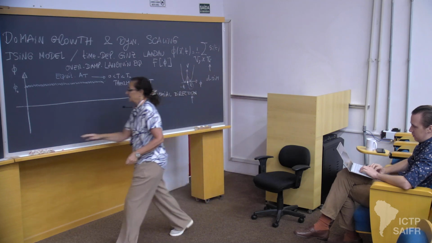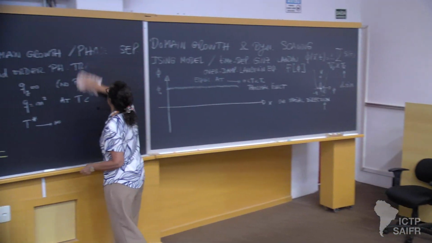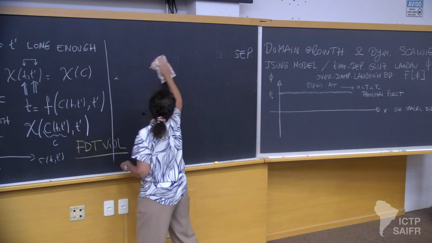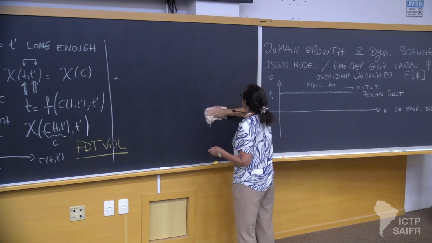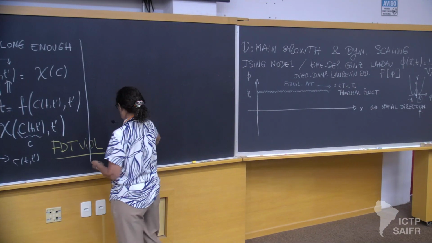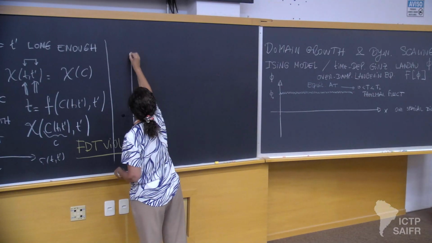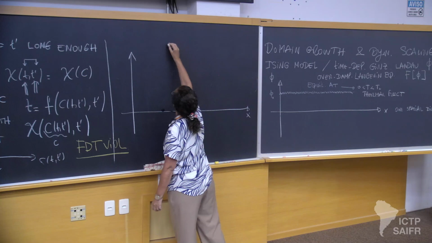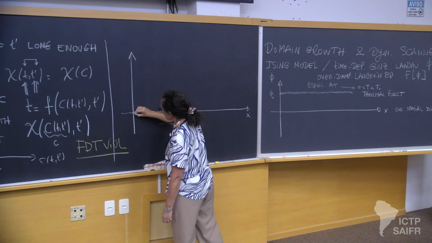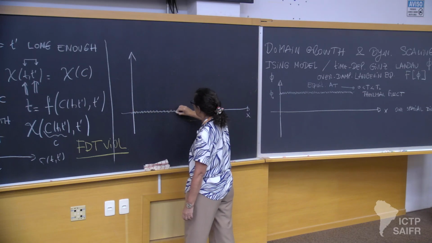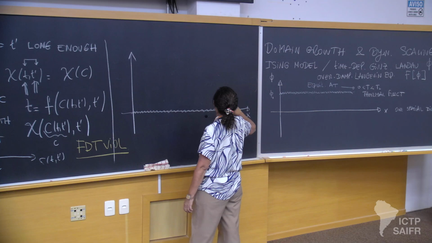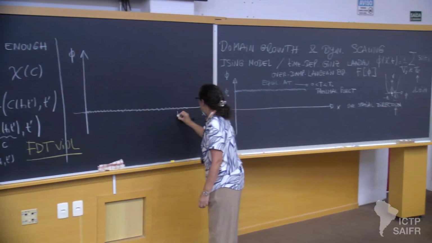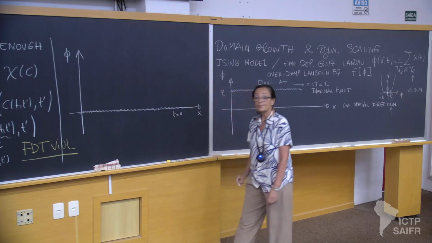So let's do it in the other panel here. If I start from a random initial condition, at the initial time, I have a configuration that is something like this. This is T equals 0.